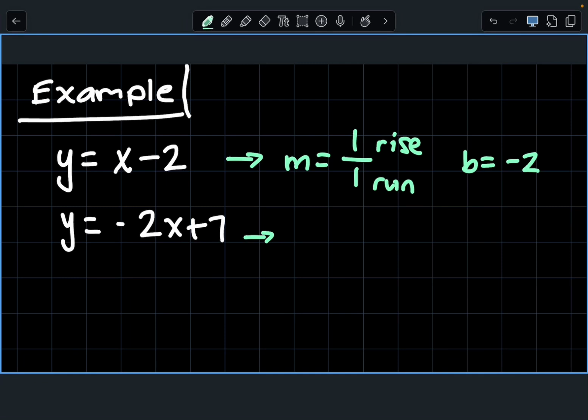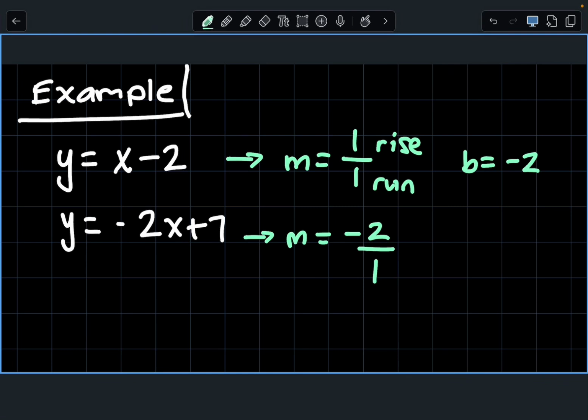We look at the second equation, we have negative 2x plus 7, so we have a slope of negative 2. The way it's going to work is the negative will actually apply to the 2, and then the denominator will be a positive. And so what this means is we're going down 2, but we're still going to the right 1. A lot of people tend to make the mistake where they think that the negative also applies to the bottom number, and then they go to the left.